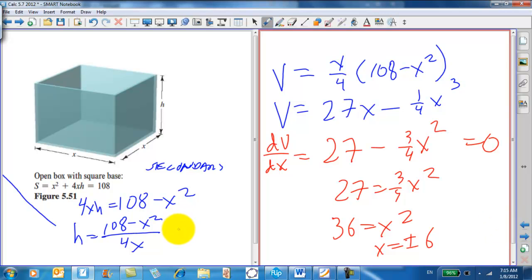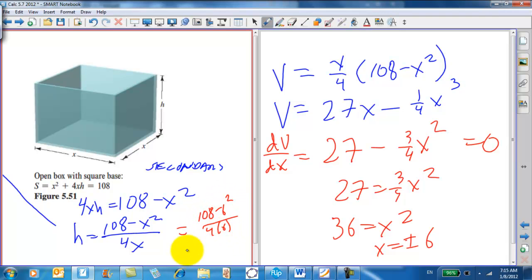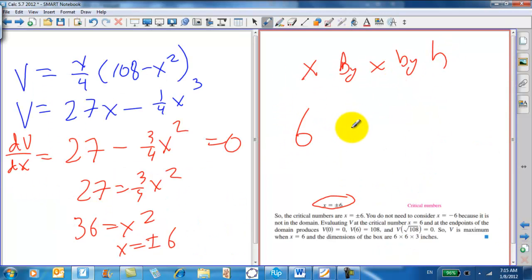Here we go. 108 minus 6 squared over 4 times 6. So 108 minus 36 over 24. And you get 72 over 24, or 3. So we get our third dimension there, 3. 6 by 6 by 3 will maximize the volume of the box.